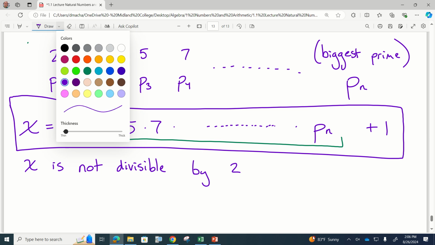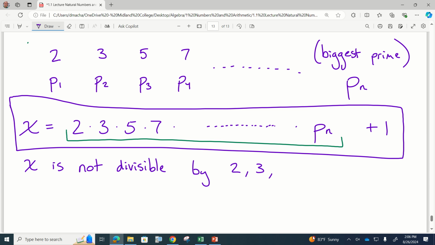The green underlined part is divisible by 5 because of that 5 factor. But then, to get x, I have to add 1 and mess it up. So it's not divisible by 2, 3, 5, 7, or any prime. And that means x is a prime number.